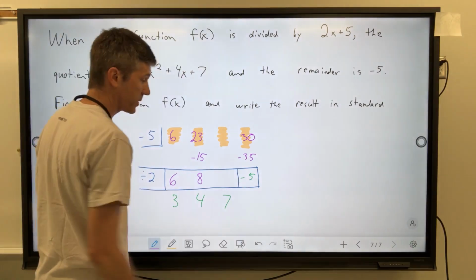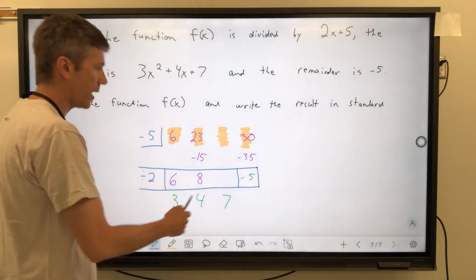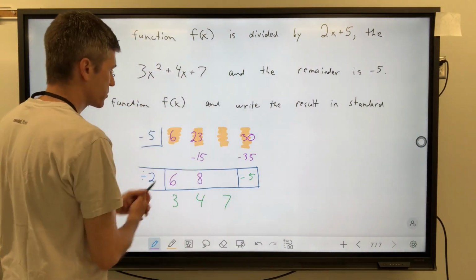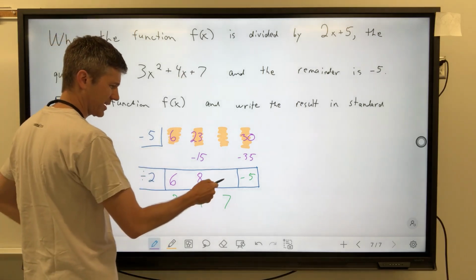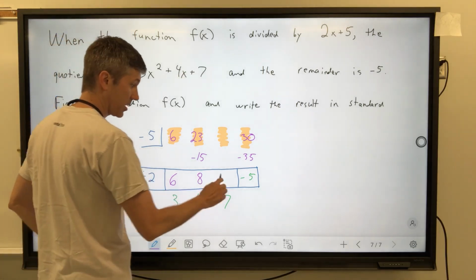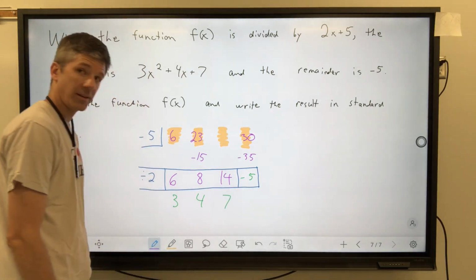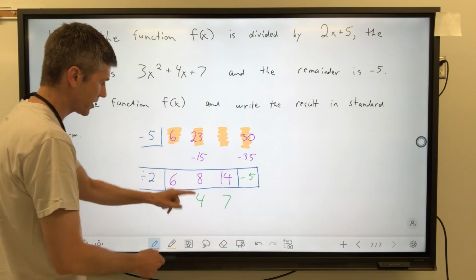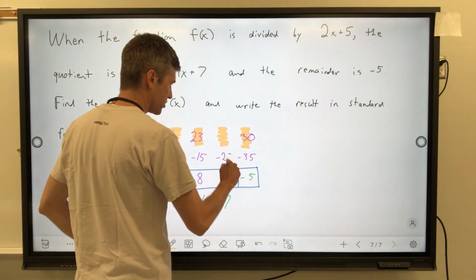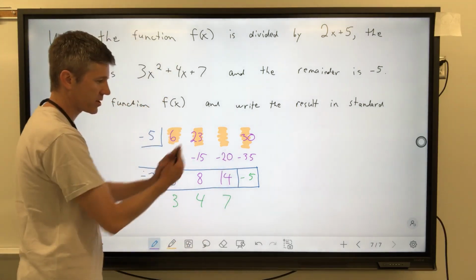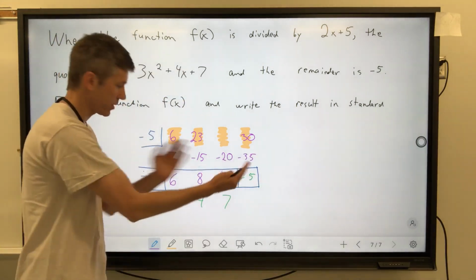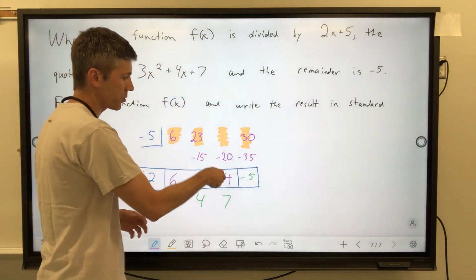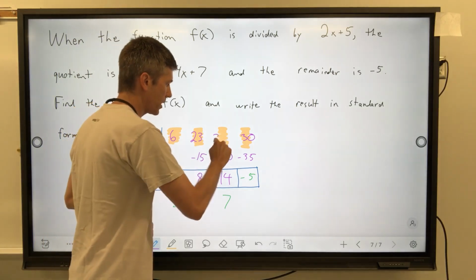Now I'm moving backwards, but I still have to say something divided by 2 is going to give me 7, and that must be 14. And negative 5 times 4 is negative 20. I had enough information going forward, and I could have enough information going backward. It could work either way. Then something minus 20 gives me 14, and that would be 34.